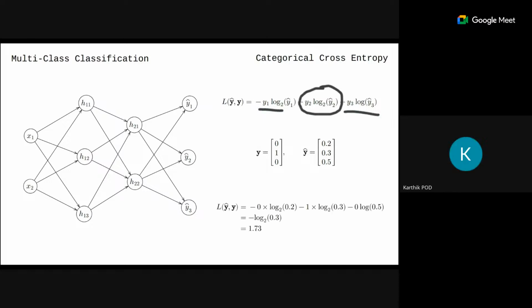So the cross entropy loss is very simple. It's telling you to look at the true label. The true label here is the second class, and find out how your neural network is performing on that true label alone. The rest you don't care about. This just boils down to minus log of the predicted probability for that true label.